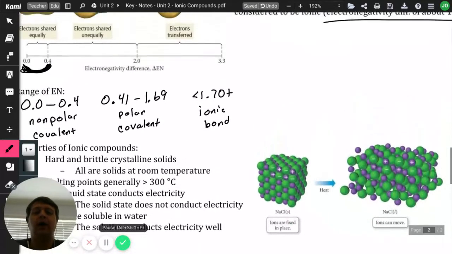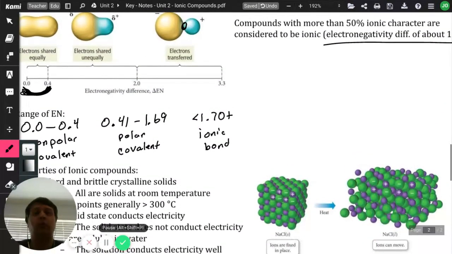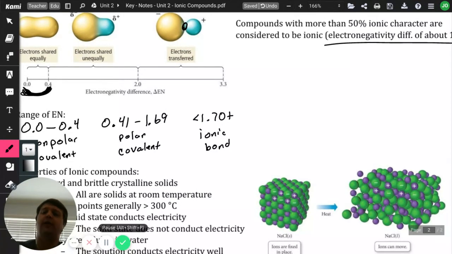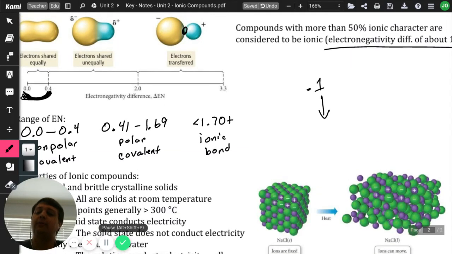Okay. One thing to keep in mind is that when we're looking at electronegativity, there is a general trend that as you move from fluorine down, you'll decrease your electronegativity by 1. And as I move left from fluorine, I'm going to decrease by 0.5. So if I move over 1 from fluorine, it's going to be minus 0.5.